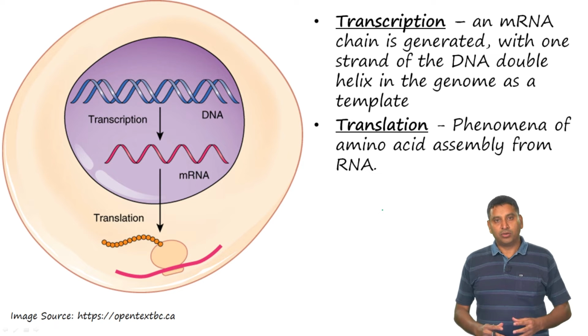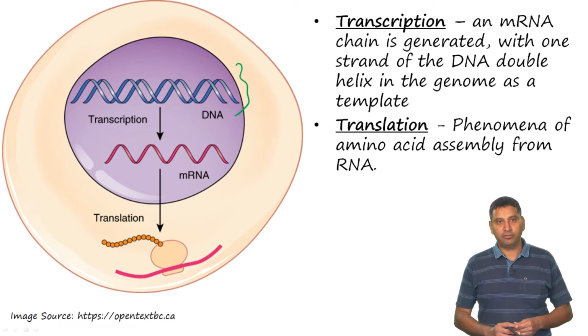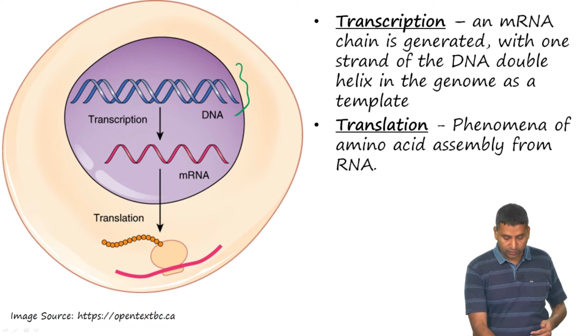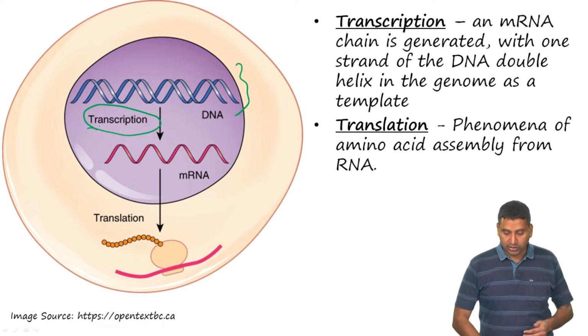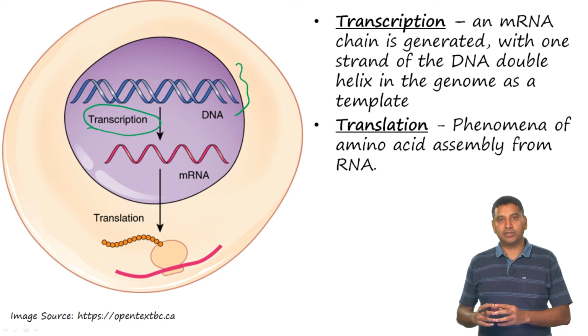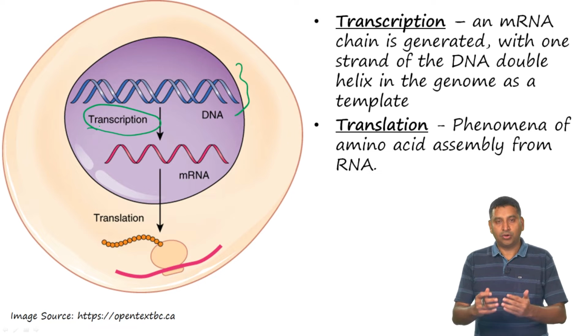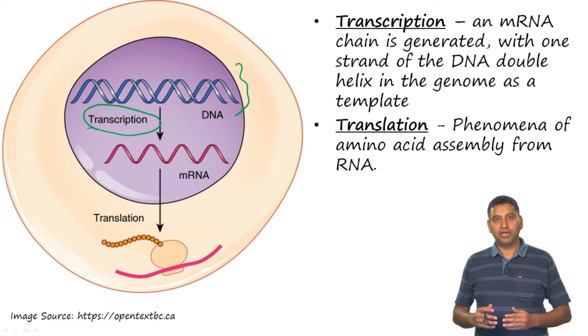In order to look at the big picture, let us look at a cell. Inside the nucleus there is the DNA, as I mentioned earlier, which contains the genetic information, and through the process of transcription, which is nothing but generation of an mRNA chain. mRNA is messenger RNA, and the messenger RNA has one strand, and this one strand contains the information or the code from the parent DNA.